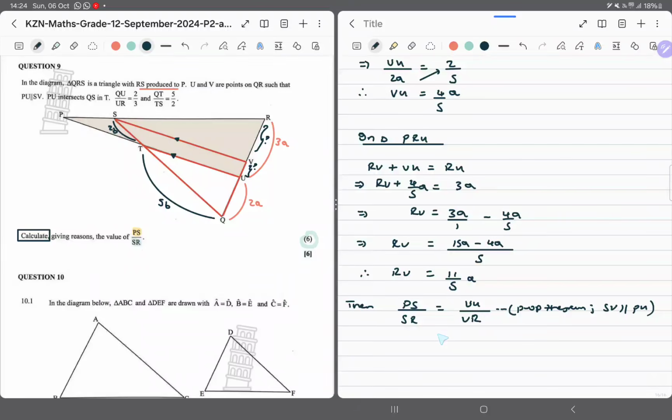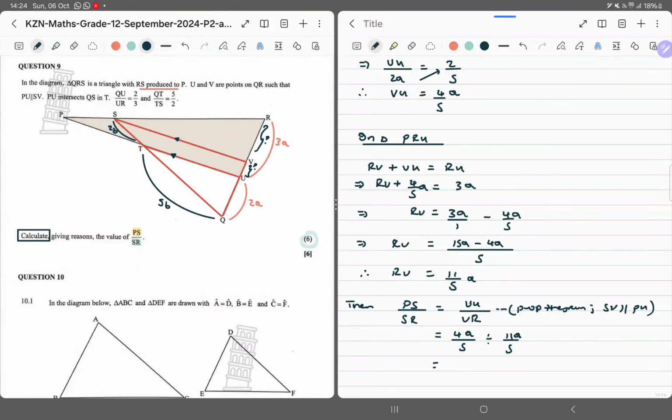Now, it's time to substitute. So here we can just go about it nicely. VU is what? 4A over 5. Divided by this one, it's 11A over 5. Maybe let's just say 11A because that's on the numerator.